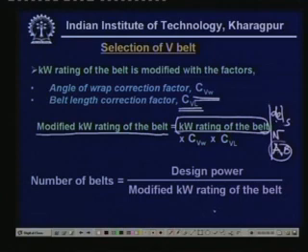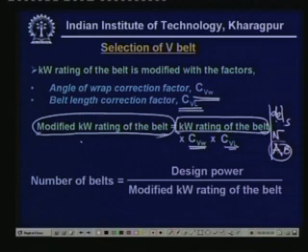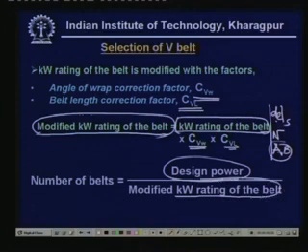And that kilowatt rating of the belt is modified with respect to these two factors to get the modified kilowatt rating of the belt. So you have to transmit a design power, and each belt is actually giving you this much kilowatt rating. So if we divide the design power by the kilowatt rating of the belt, then you get the number of belts.